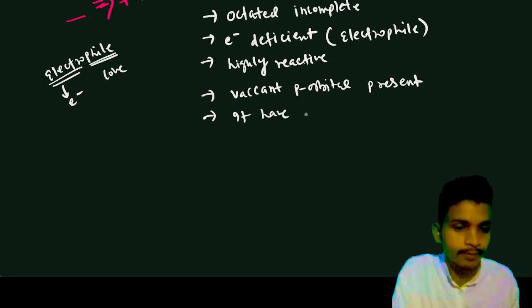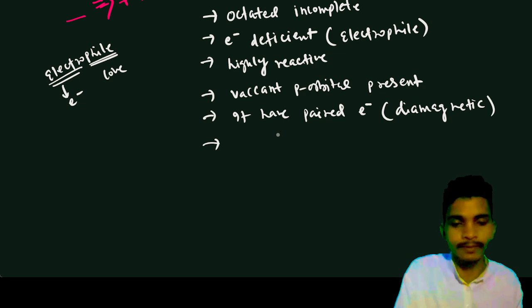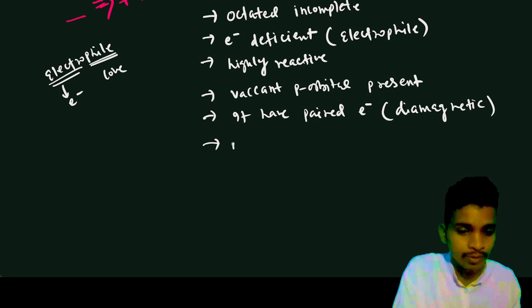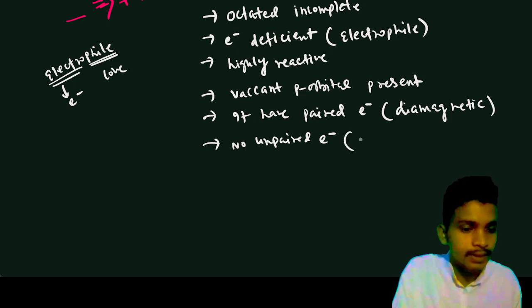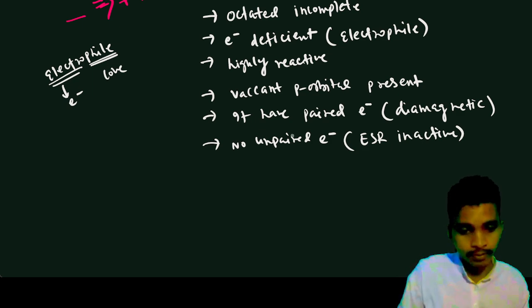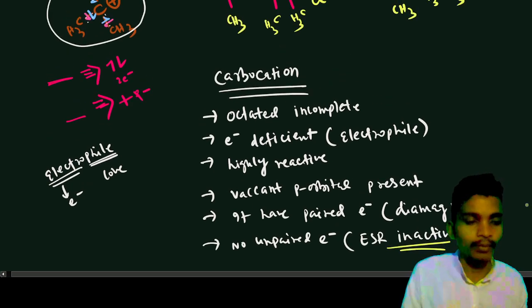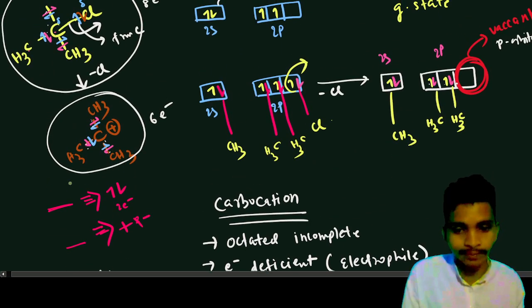It has paired electrons, which means it is diamagnetic, with no unpaired electrons. It means that it is ESR inactive, because for ESR to be active it has to have at least one unpaired electron, but here all are paired. So these are some things we have seen by looking at the carbocation's orbitals.